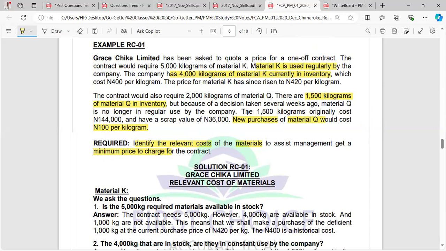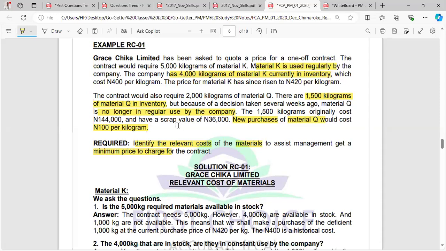And the next question is, is it in regular use by the company? We have said that it is no longer in regular use by the company. If it were in regular use, if you buy, you are going to replace. But since it is not in regular use, you go to the next question.